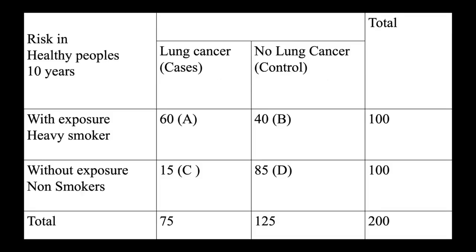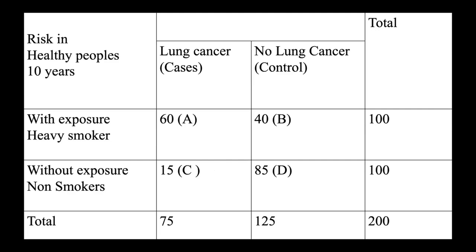The total exposed is A plus B. In the unexposed, the case is C and the non-case is D. So if we want to calculate the relative risk, it is exposed divided by non-exposed. I'm putting in another example.